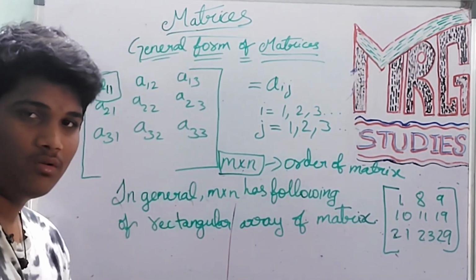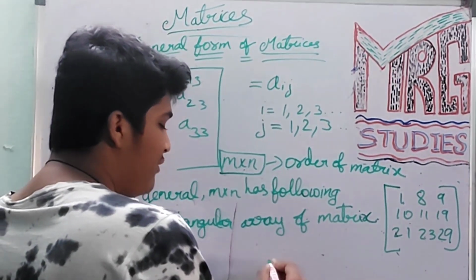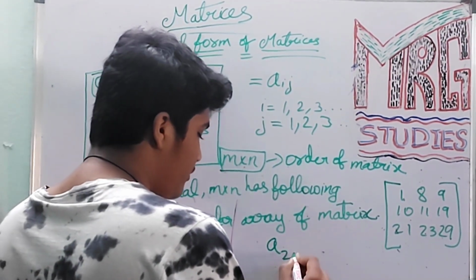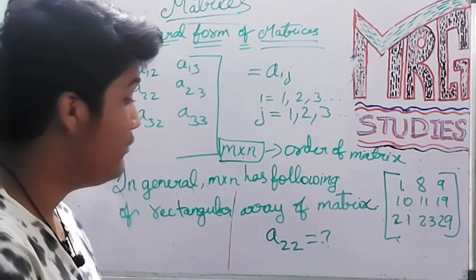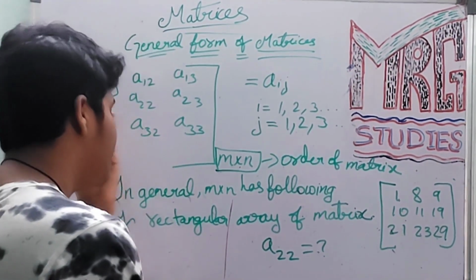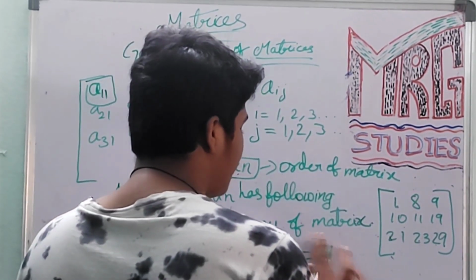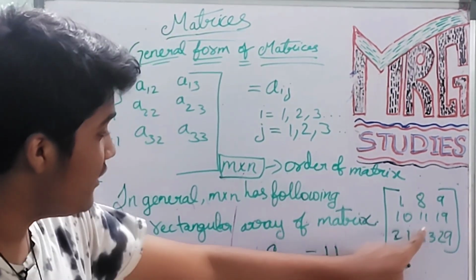For example, they will ask now, what is the number that we have in place A22? What is the number placed in A22? The answer is 11. See friends, A22.